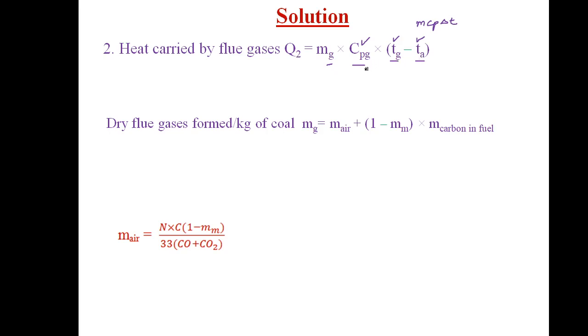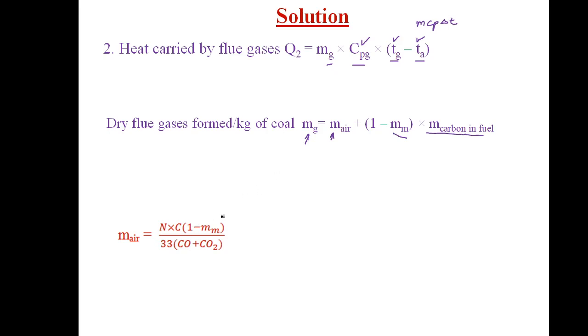Now we have to find out the mass of gas liberated. Mass of gas liberated is nothing but the sum of mass of air plus mass of carbon in the fuel burned. The complete fuel does not contain carbon, so 1 minus the mass of moisture has to be subtracted. Therefore we have to calculate the mass of air first.